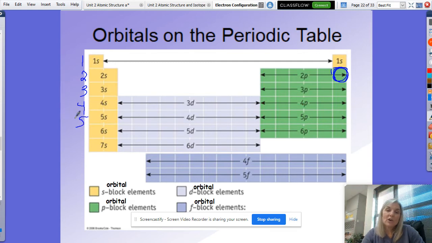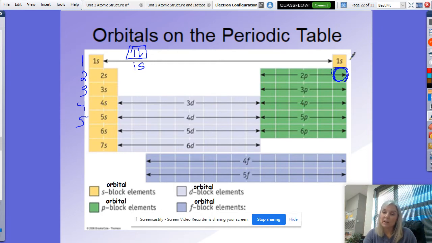So I've got to start at my energy level 1, and I'm going to count my energy level 1 boxes. 1, 2. So for neon, if I have my 1 box, I put 1s, and I've got an up and a down arrow.